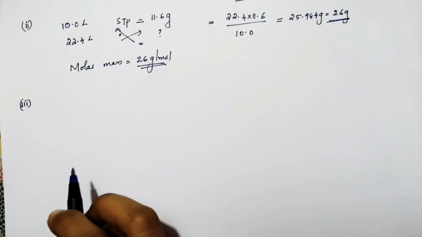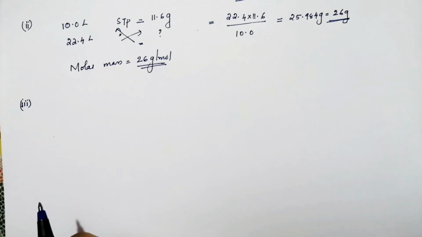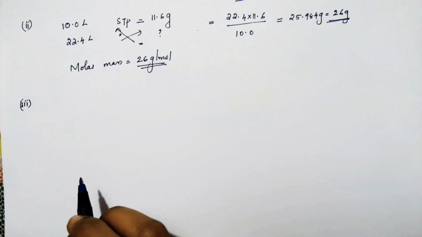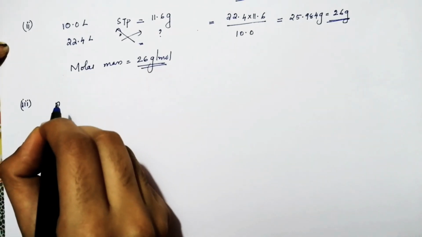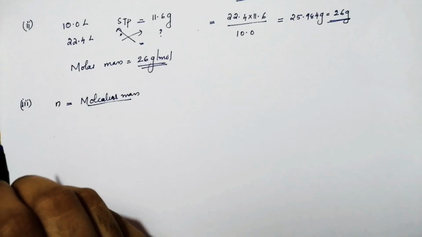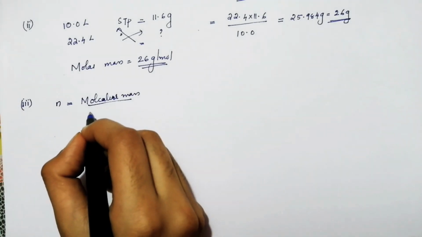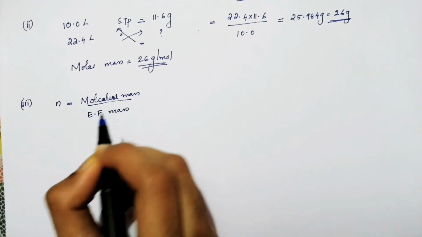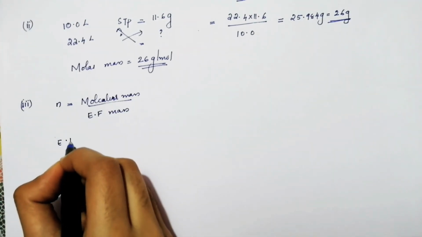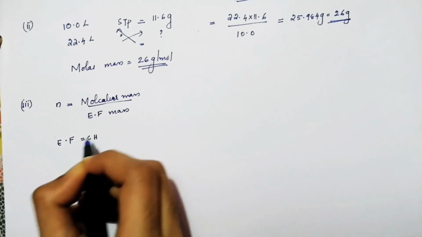In the third part of the question, we are asked to calculate the molecular formula. In order to calculate the molecular formula, let us first calculate the value of N. We know N is equal to molecular mass divided by empirical formula mass. Now, we know the empirical formula as carbon hydrogen CH.